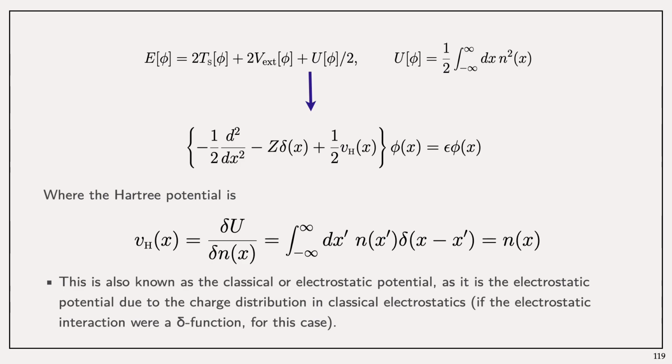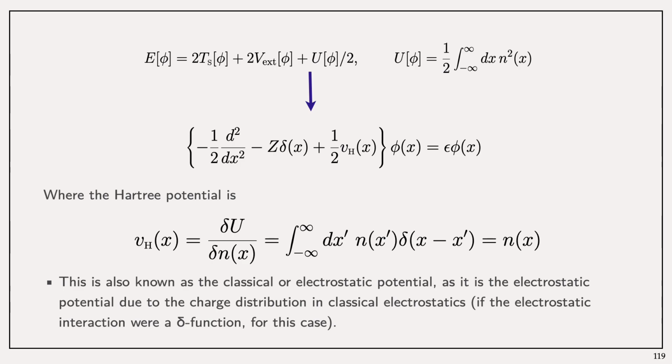And so the way it's done in practice, and we are going to talk about that quite a bit, and it's going to come back in DFT a lot, is the fact that we have to use an iterative method, a self-consistent method. So in a self-consistent method, it's going to work like this. Since I don't know the density to start to calculate this, I'm going to use a guess, an approximation, hopefully a good one. Then I'm going to solve this equation and find psi. Now that I have psi, I can calculate the density, right? And I'm going to compare the density to my previous guess, my previous approximation.